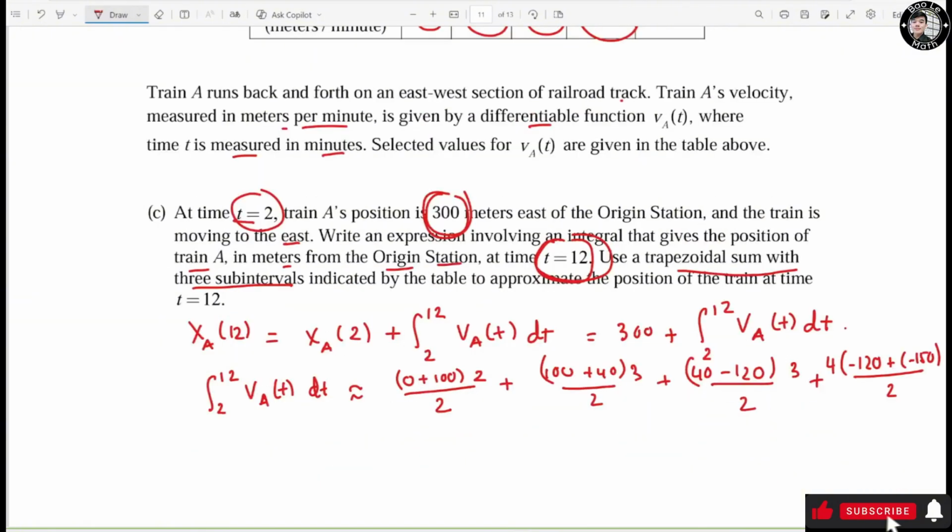So it's approximately negative 450. So the position of the train at time t equals 12 is s_A of 12 equals 300, subtract 450, so it will be negative 150.